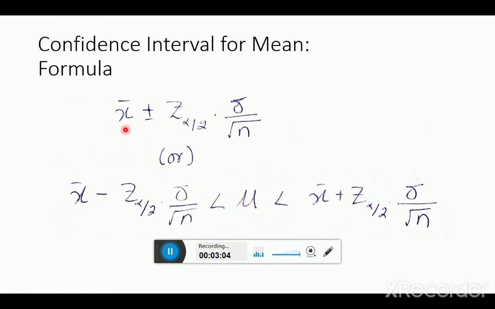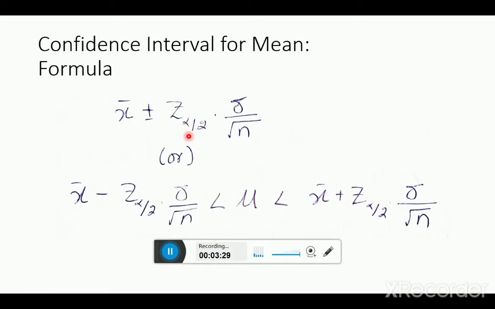X bar is the estimator of your population parameter mu, meaning the statistic. Then plus minus, usually plus and minus. Then z alpha by 2, I have already explained that these are the critical values. We have to take these values from a table which I already gave you in my last lecture.